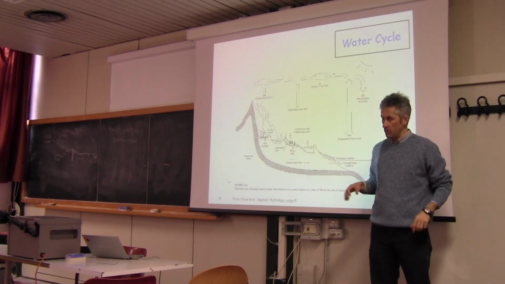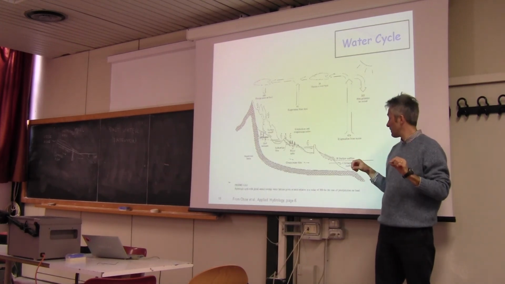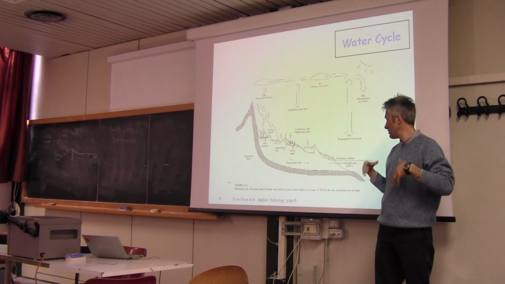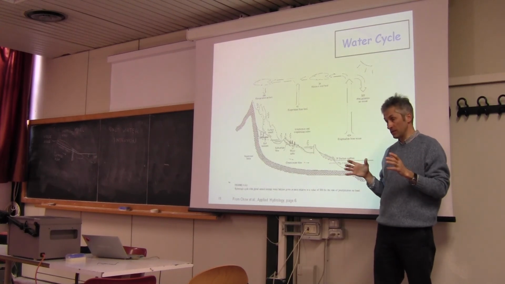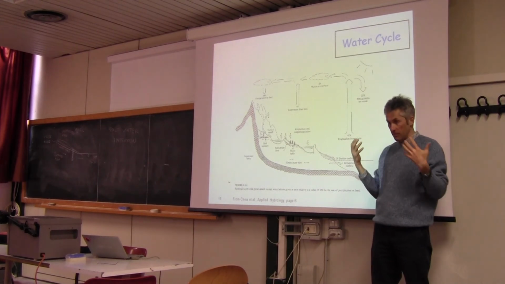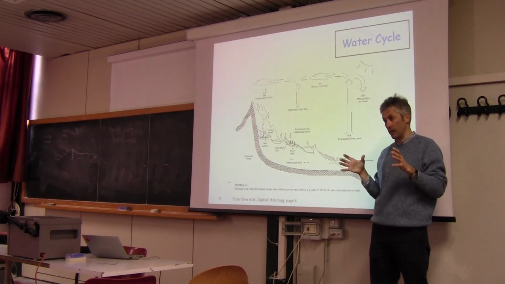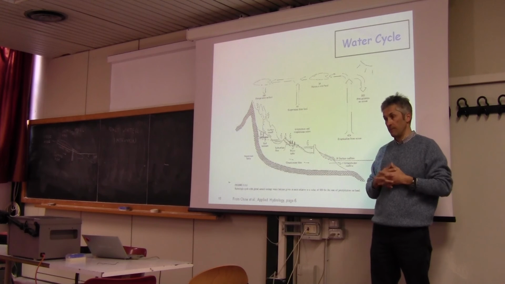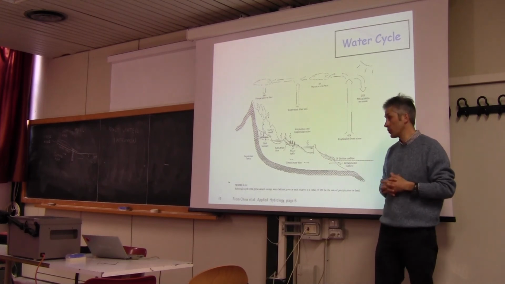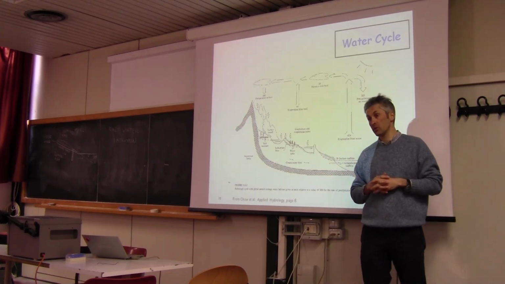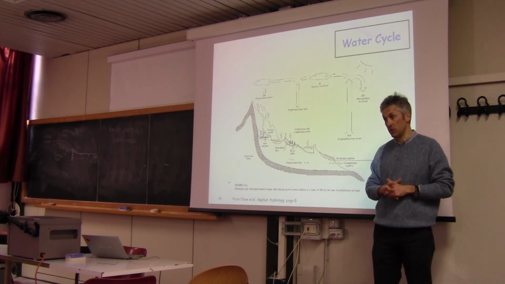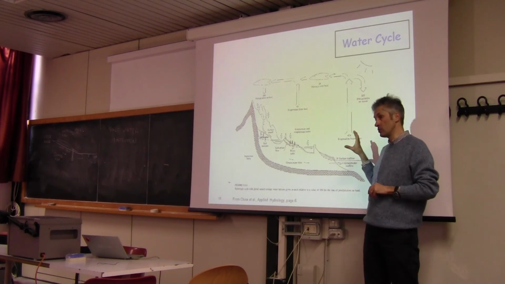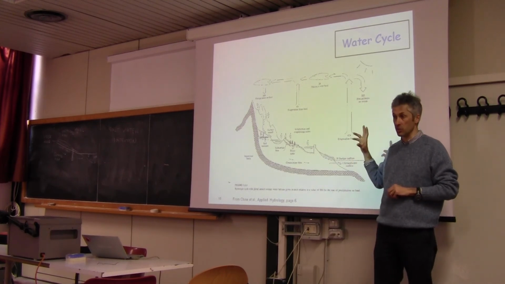What is important, and I will be very pedantic on this, I will tell you many times, it is important that you put in your mind some orders of magnitude. Because, you know, for an engineer, orders of magnitude are very much important. And especially in a science like hydrology, which is affected by a very relevant uncertainty.